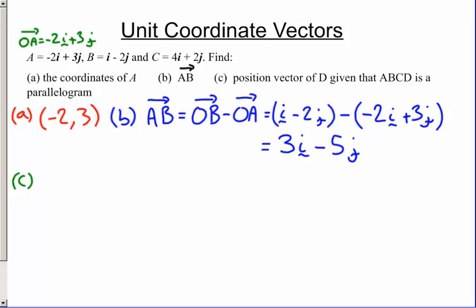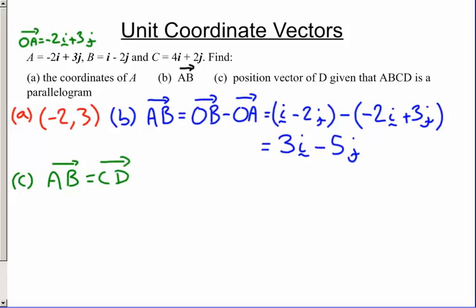For C, we're asked to find the position vector of D, given that ABCD is a parallelogram. Now, if ABCD is a parallelogram, we know that AB is equal to CD.